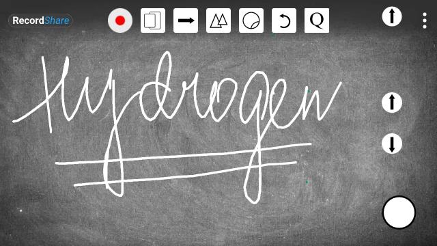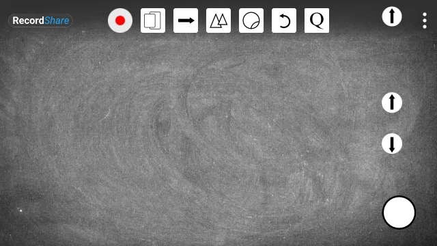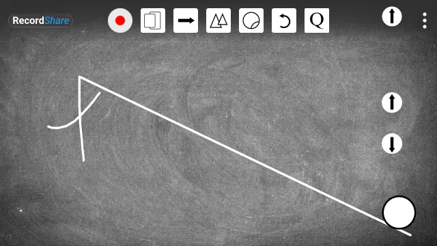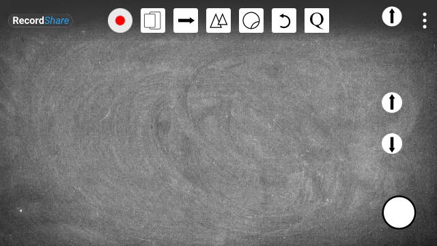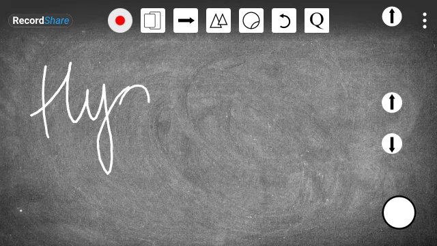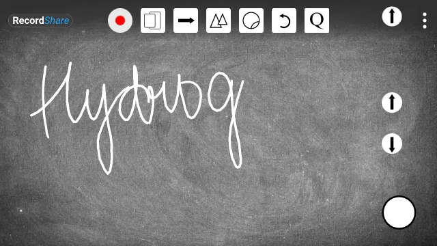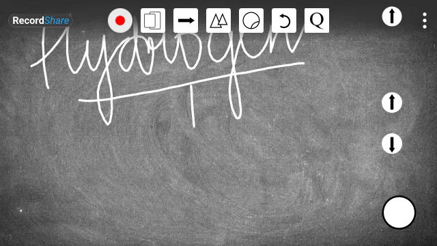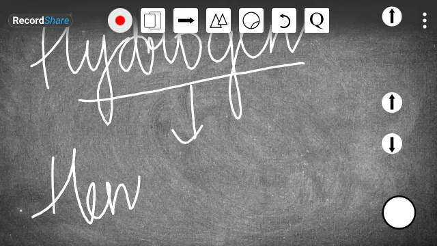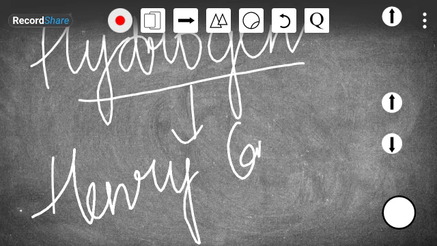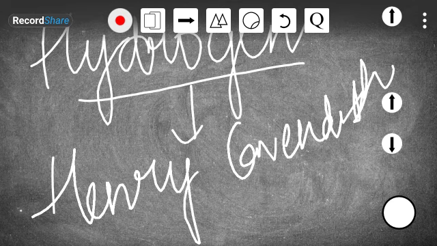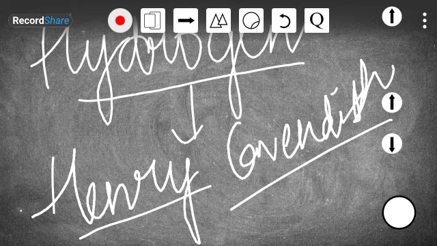So let us begin. First of all, we will see that hydrogen was discovered by Henry Cavendish in 1766.